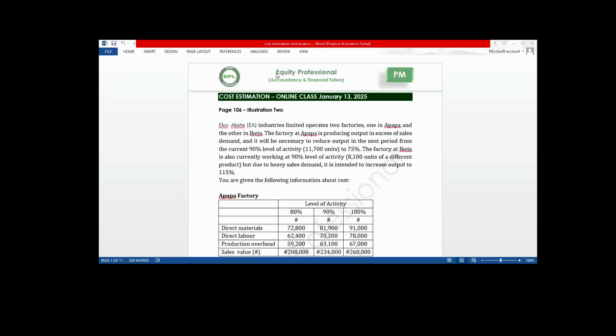We define cost estimation as the measurement of historical cost with a view to predicting the likely future cost.